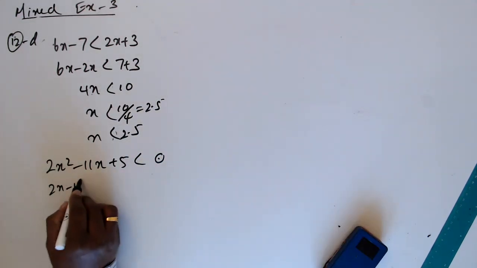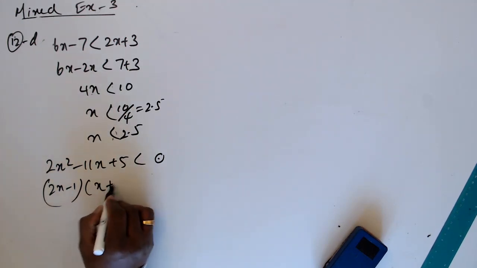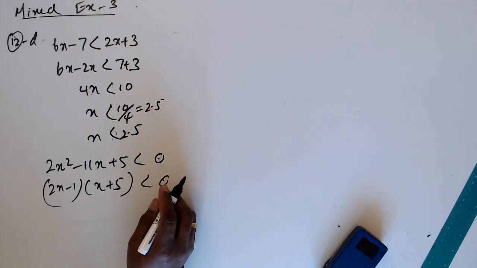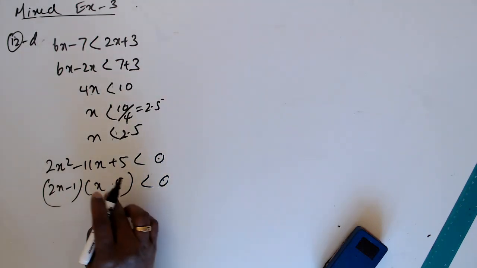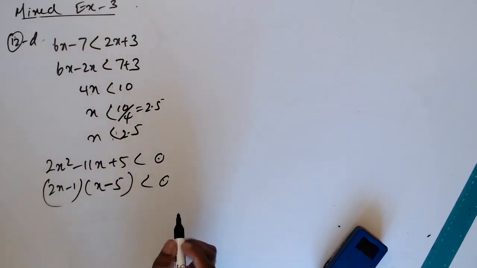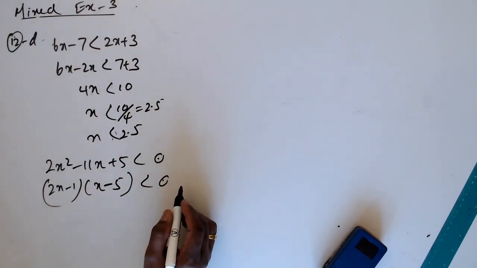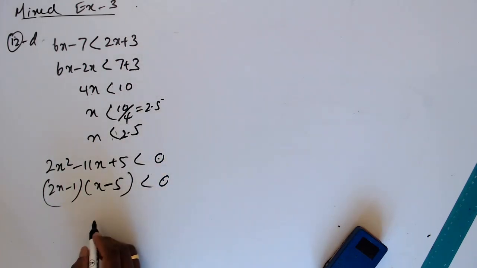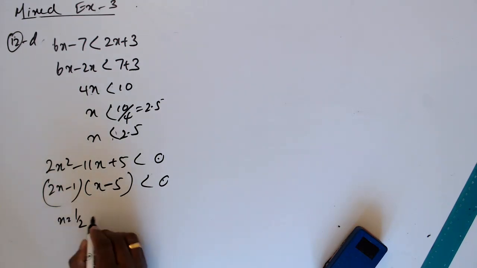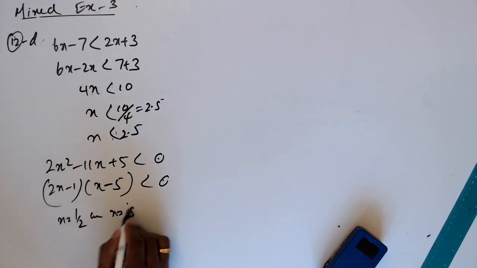So 2x minus 1, x minus 5 less than 0. This has to be minus times minus, plus, yes. Now there are two roots, x equals half or x equals 5.